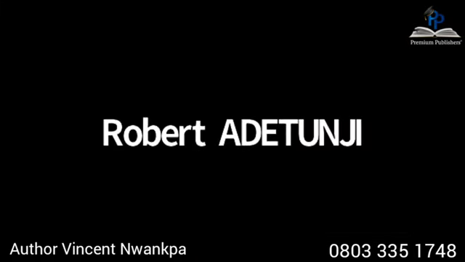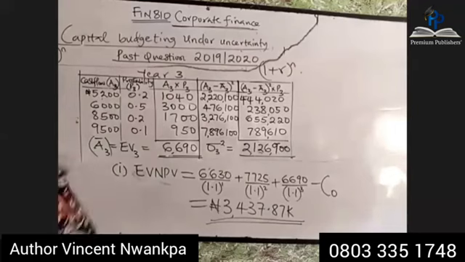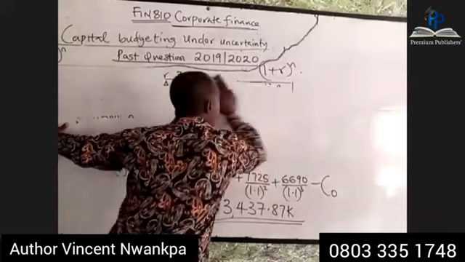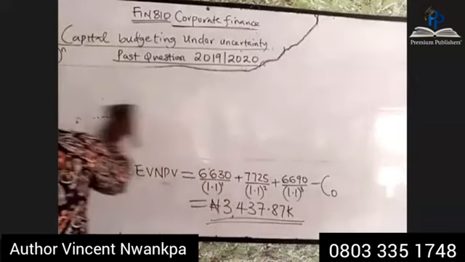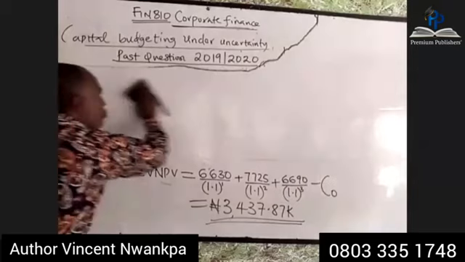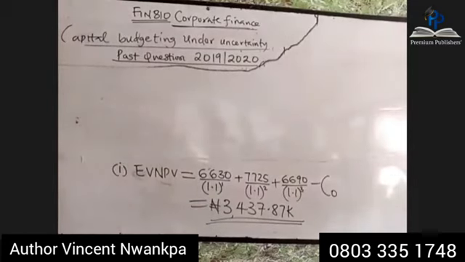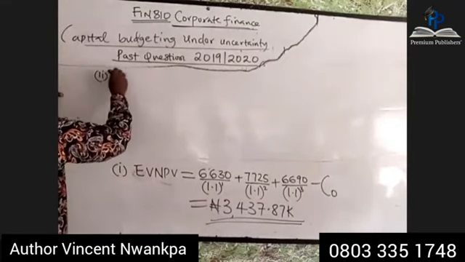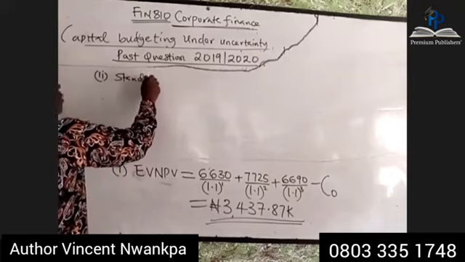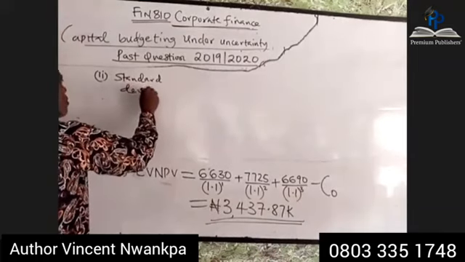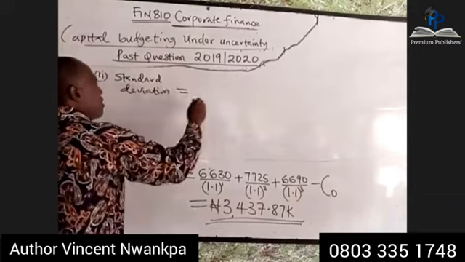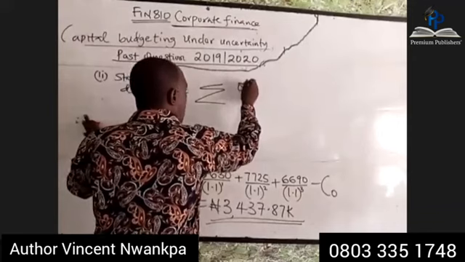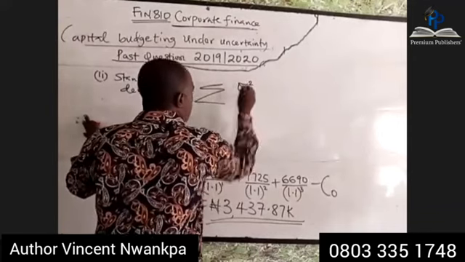Yes, we can. Good. So Roman figure 2. We have just done Roman figure 1. Roman figure 2 of that same question, question 2B, says we should find standard deviation. The standard deviation of the project is the square root of the summation of sigma squared at time t.